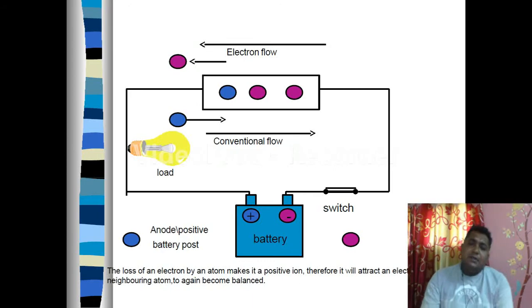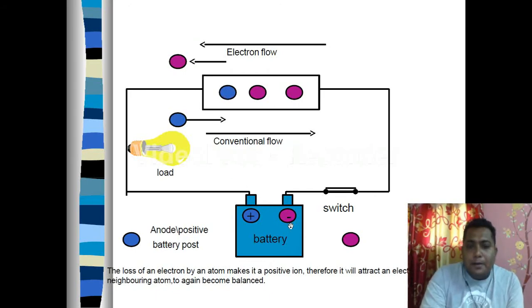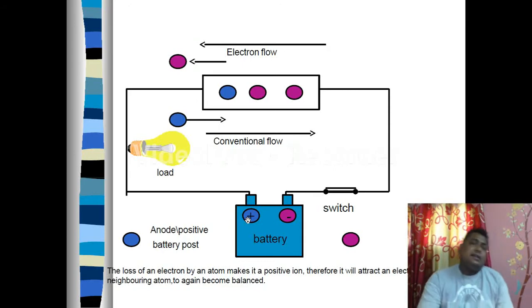So as you can see over here, these are the electrons and these are the photons. This negative will attract this photon, that's why its direction is this way, and the flow of the electrons will be this side because this is negative and this is positive, so they attract each other. So all the electrons will try to come to the positive terminal and all the photons will try to come to the negative terminal.